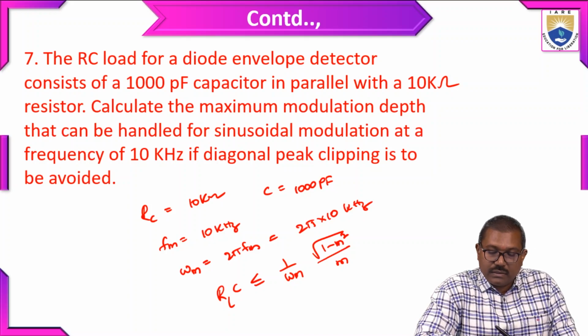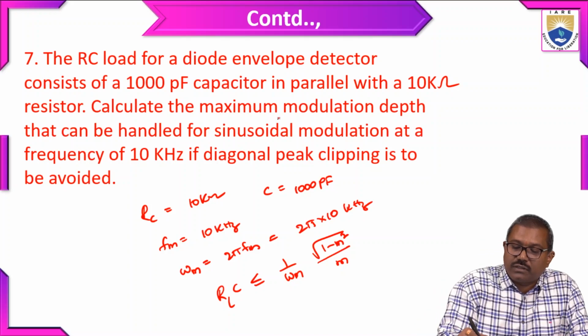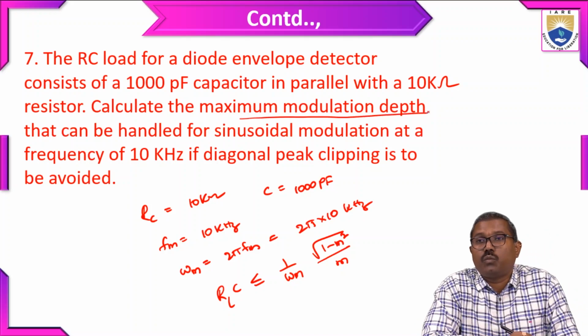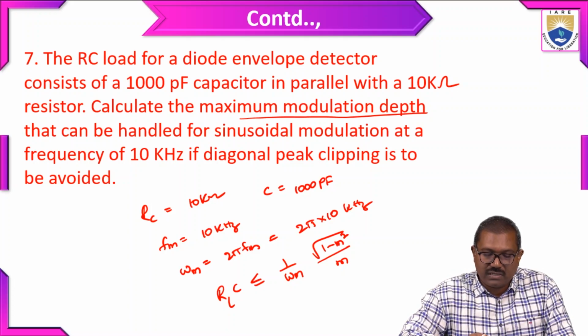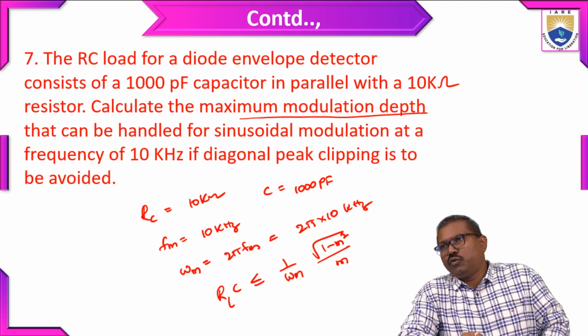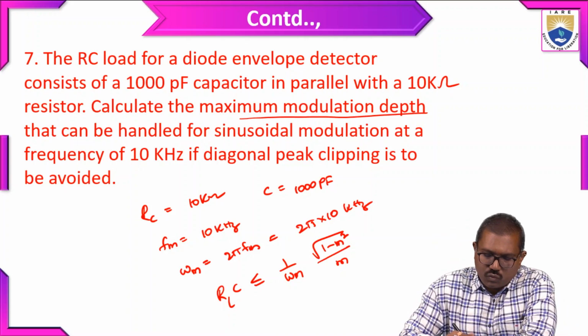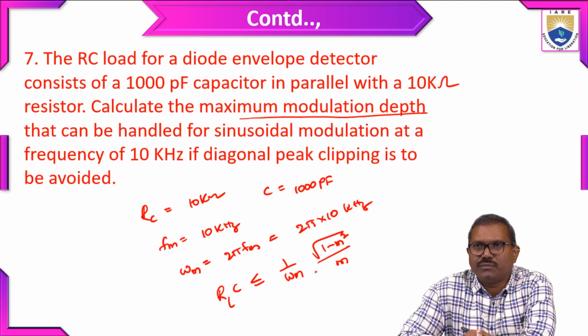Okay. So here we are going to find the modulation depth, that means the maximum modulation depth, modulation index. They gave RL, they gave C, they gave FM. So from that FM we are going to find the omega m. So we are going to find the m value.